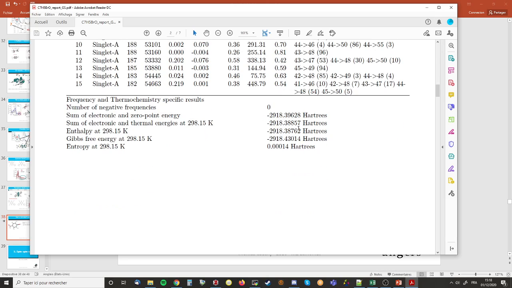And you have the frequency calculations with the zero-point energy, total thermal energy, enthalpy, free energy, and the entropic contribution. So this information is present in your frec.log.